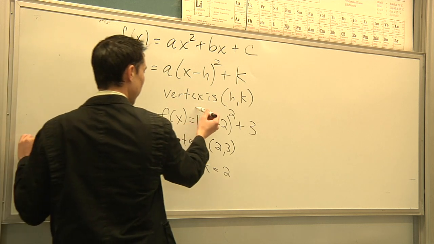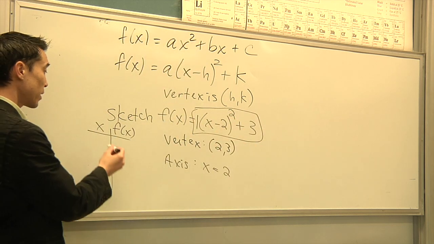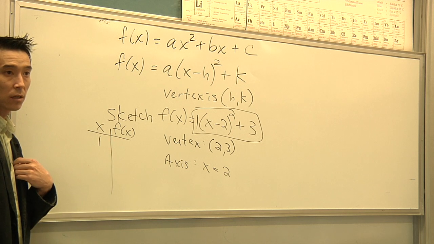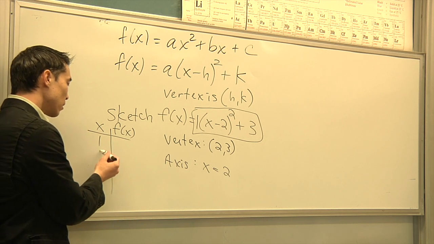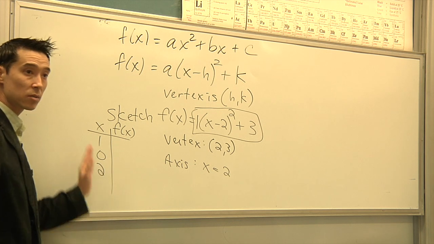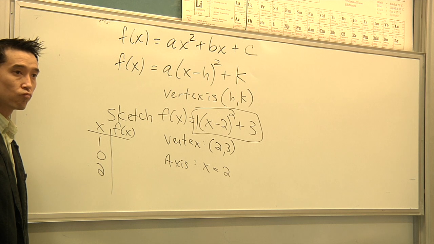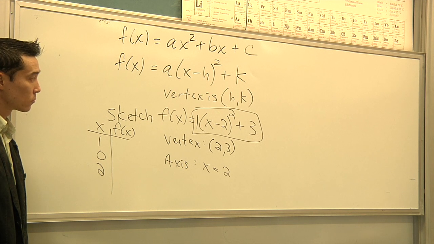Okay, here's my function right here. I can plug in some values, right? What if I plug in x is 1, for instance? What if I plugged in x is 0? What if I plugged in x is 2? Right? I could just plug in a few more points. What happens if I plug in x equals 2? 0.